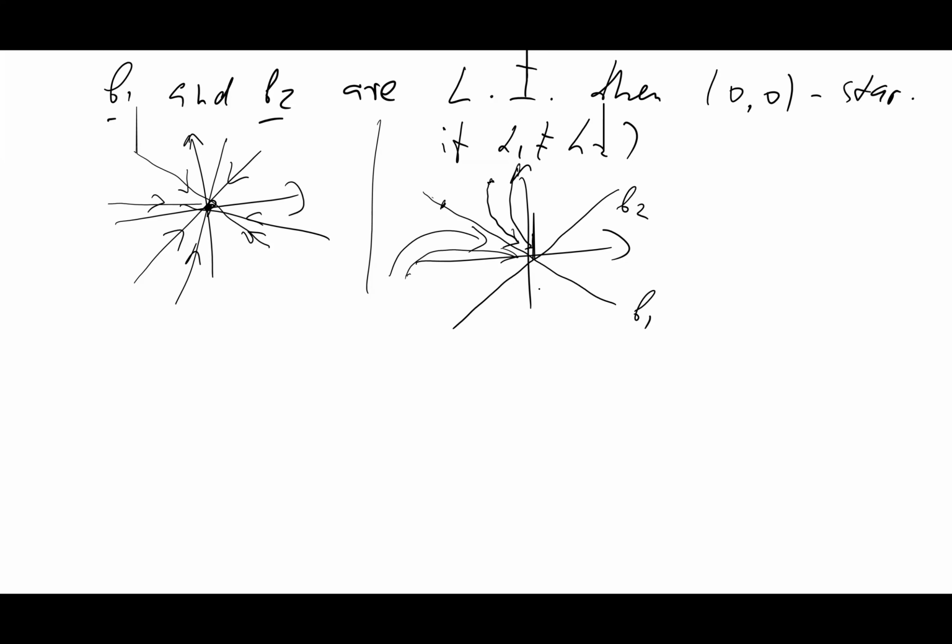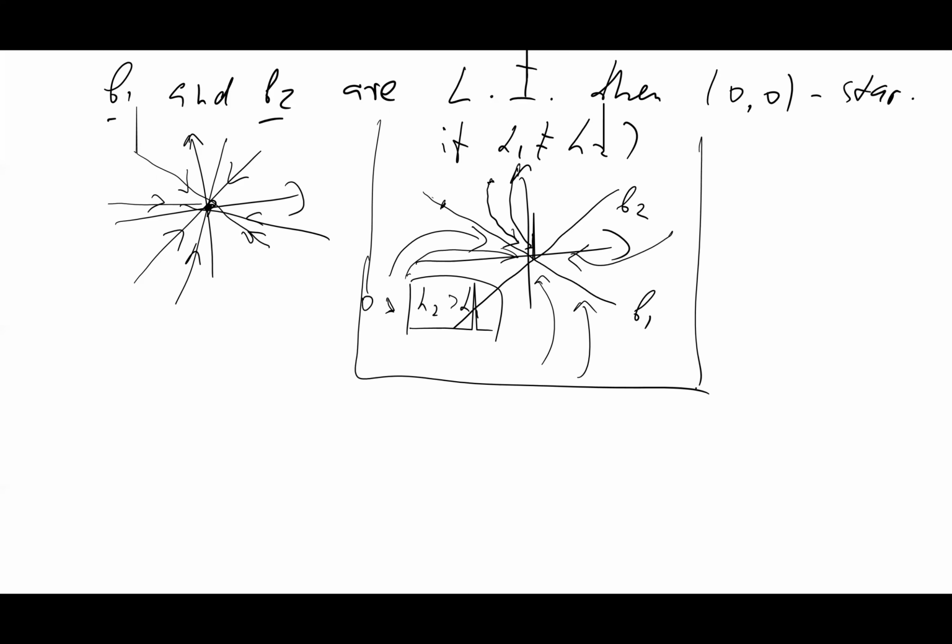So it could be something like this. In this case, lambda 2 is more than lambda 1, and if they converge, then they are less than 0. This is to compare with a star.